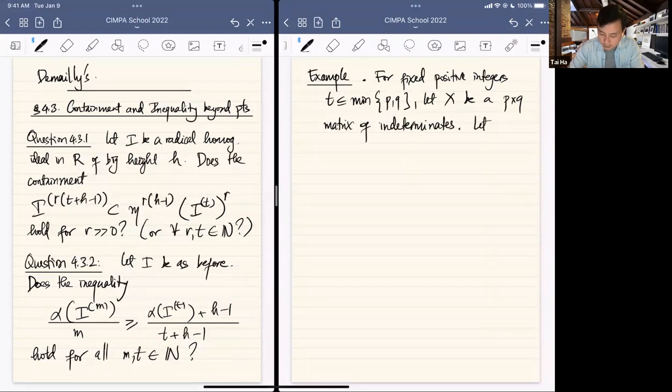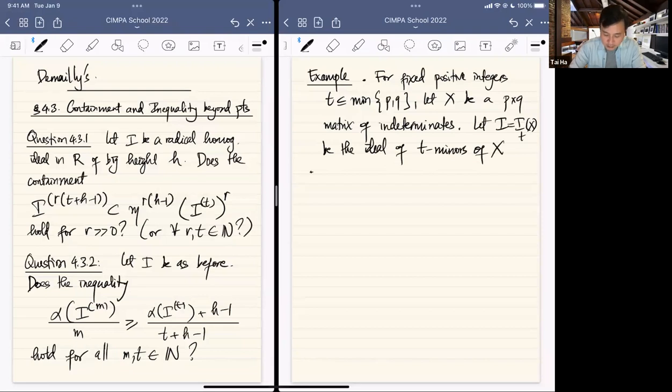And let I equal to I_t(X) be the ideal of t-minors of X. So you take all t by t submatrices in X and you take determinants, that will generate an ideal, and that's called I_t(X).